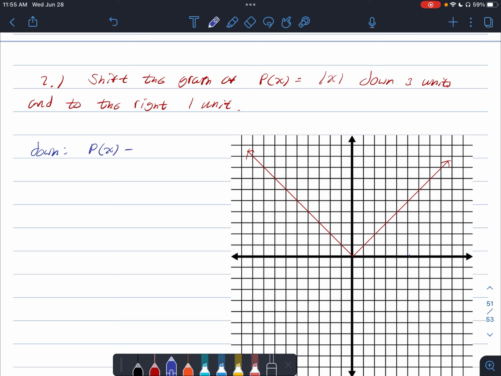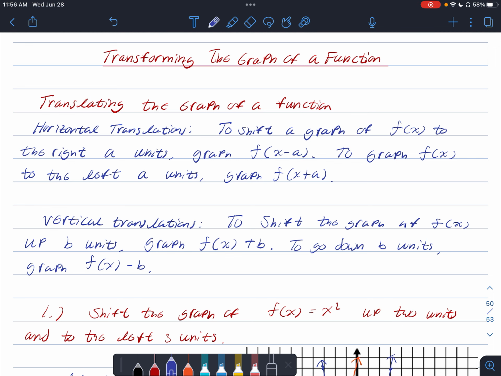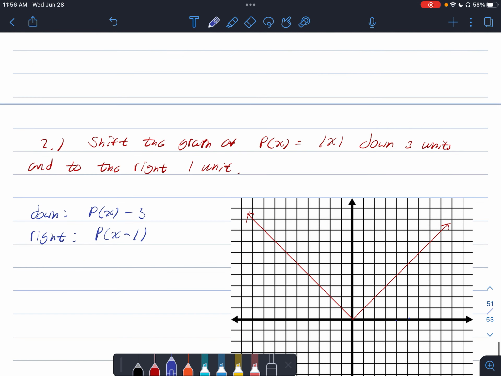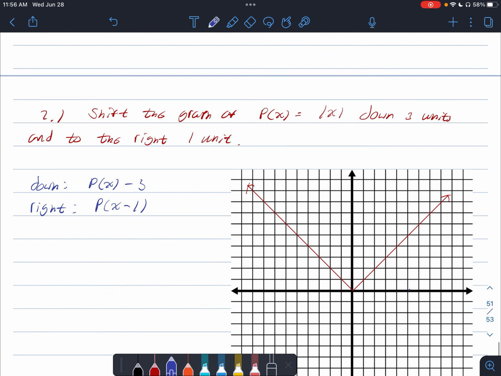Take a look back here. If we want to go to the right, we do f of x minus a. Okay, so we'll do P of x minus 1 because we're going to the right 1 unit. We'll see why this works. So combining these, our new graph is going to be P of x minus 1 minus 3.